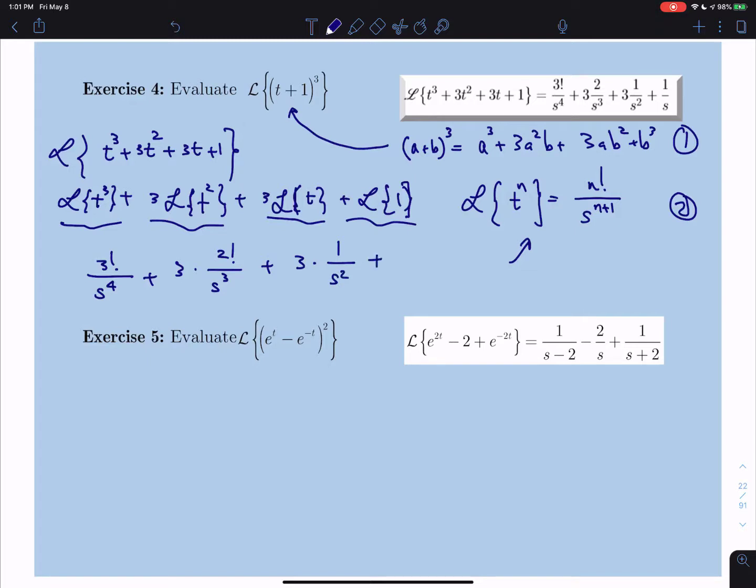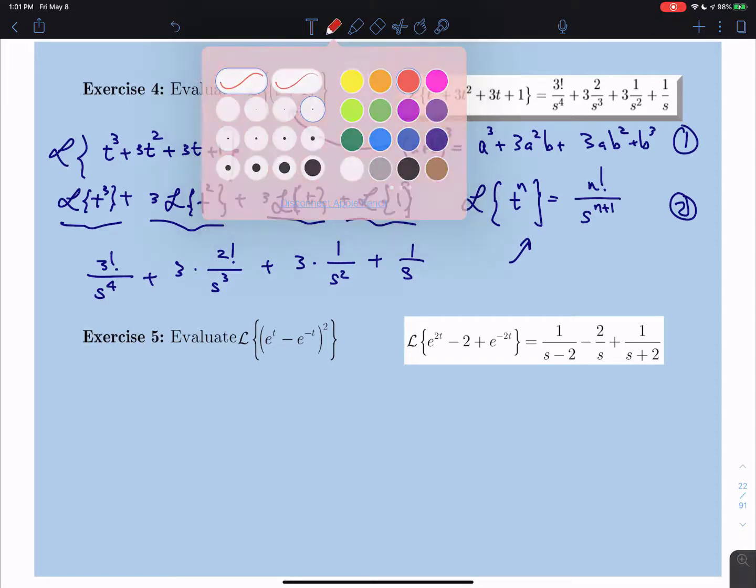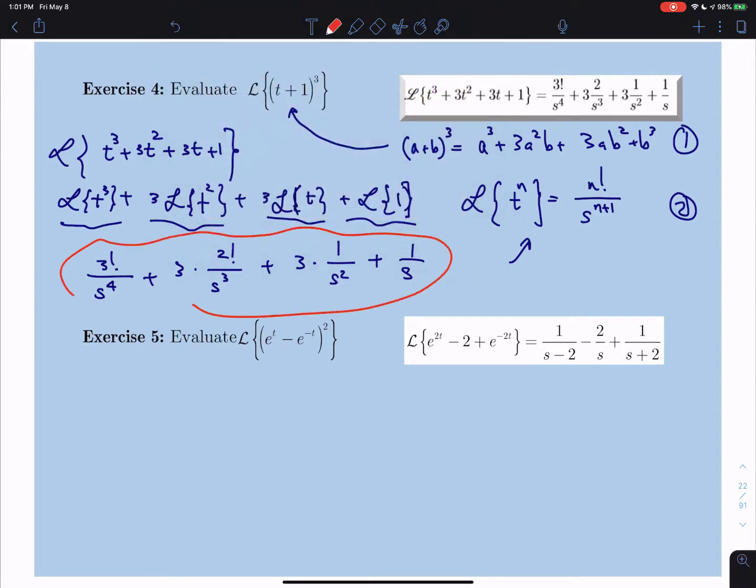And the Laplace transform of 1 is just 1 over s. So you see, you just found the Laplace transform of this expression without having to use definitions.